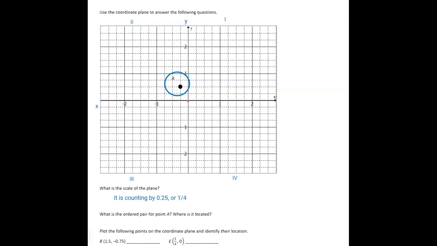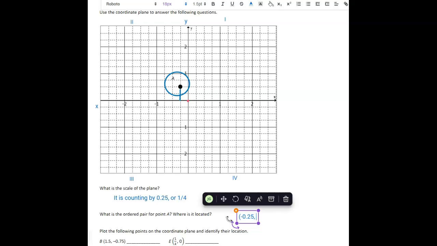We're going to go to the point, and I'm going to go straight down from the point until I hit the x-axis to see that it is located at, always put an open parentheses when you're writing your ordered pairs. We're to the left of 0, so that is going to be a -0.25. You can write it as a decimal or you can write it as a fraction.